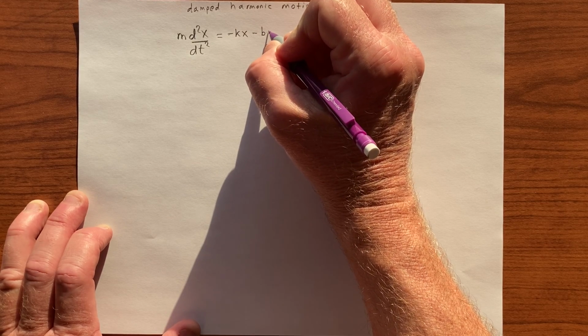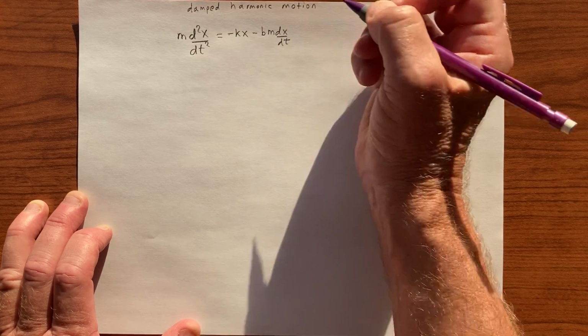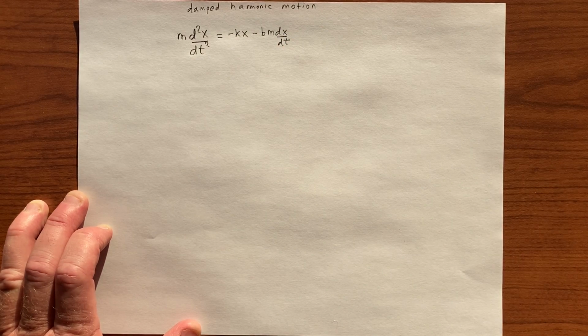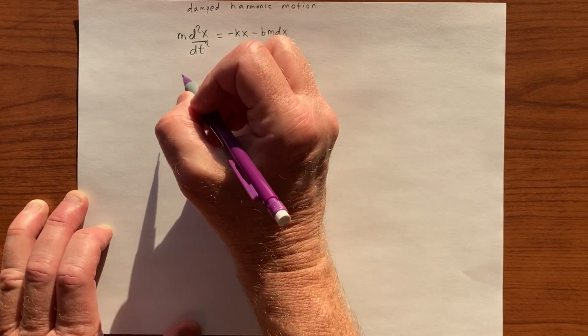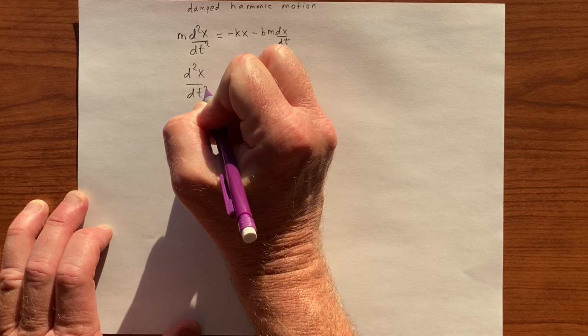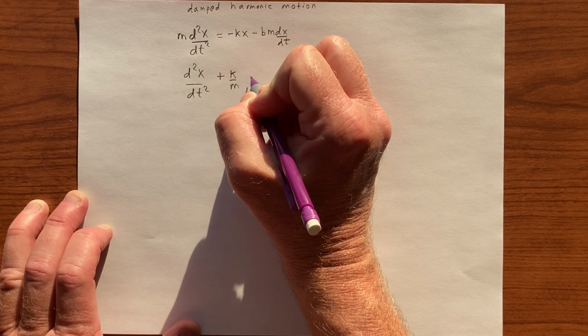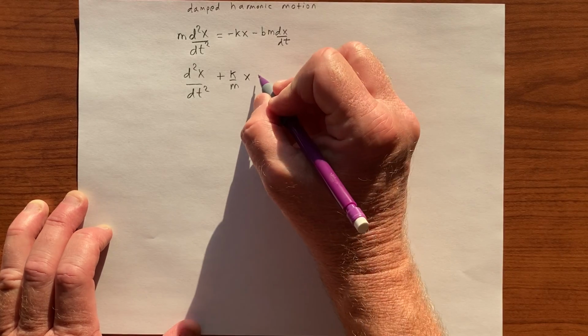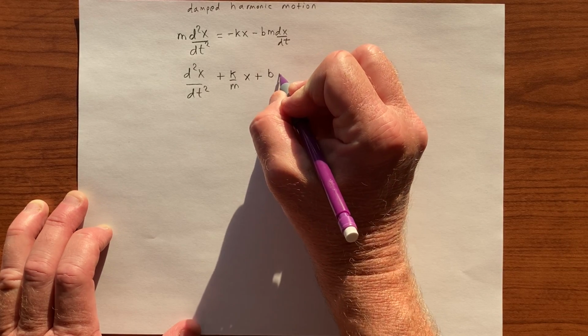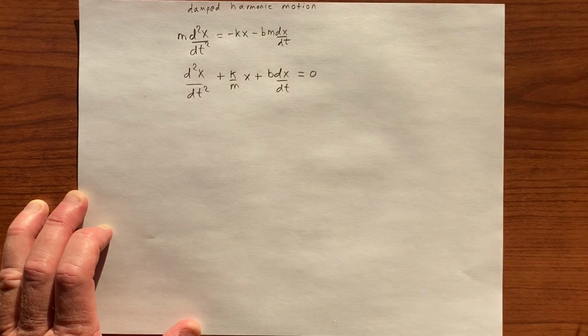So minus some coefficient, the mass, dx by dt. So it looks like that. And so our equation reads second derivative of x in t plus k over m x plus b dx by dt is equal to 0.